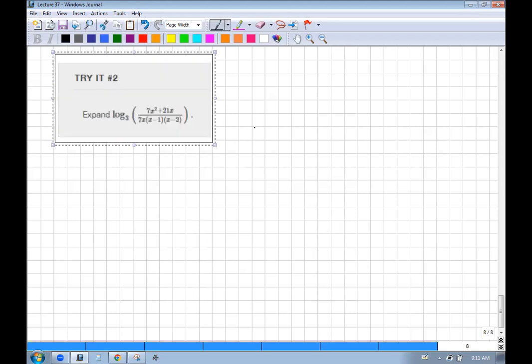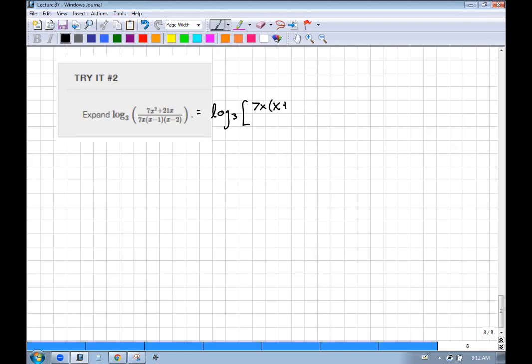So we want to expand this. One thing we could do is factor. On the top, I could pull a 7x out, which would leave an x plus 3. And down here I have 7x, x minus 1, and x minus 2. So those could cancel out.